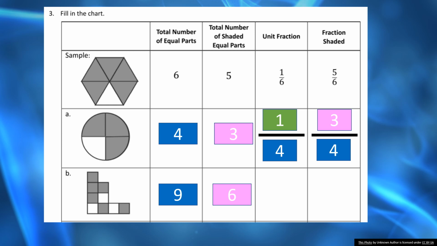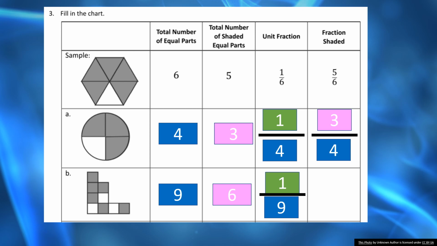Now, what unit fraction would represent one of these pieces? Because a unit is 1. So one of these pieces is worth how much? 1/9. Now it asks us, what fraction is shaded?